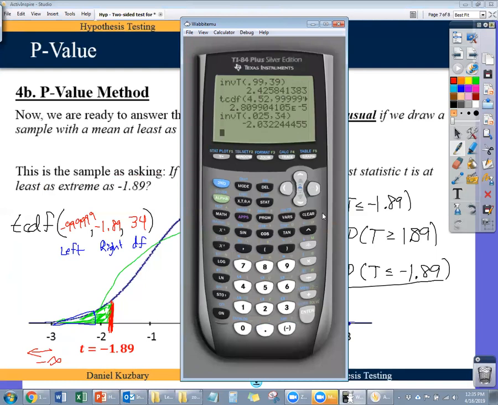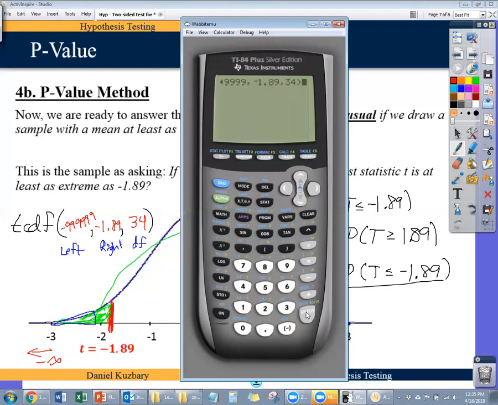So tcdf is under second vars, so there's normalcdf. Here's tcdf. And we're going from negative 99999. That negative 1E999 works too. The upper bound is going to be negative 1.89. So that's that number. So see, I've marked off that green region. Degrees of freedom are 34.